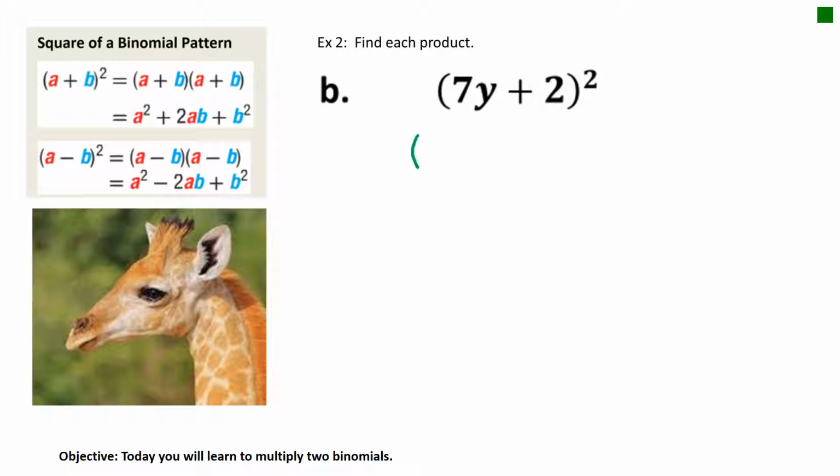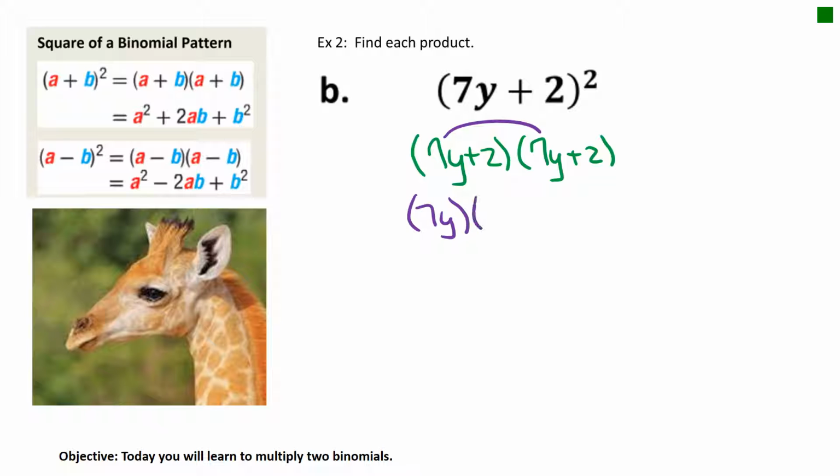Okay, so I'm going to write it twice. 7y plus 2 times 7y plus 2. 7y times 7y. Be careful on that one. You've got 7y times 7y. If you brought it on home, you'd have 7 times 7, y times y. So that's 49y squared. Crazy!